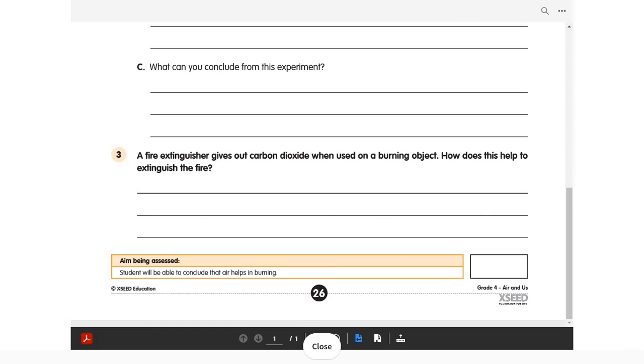We already know that oxygen is needed for burning. Carbon dioxide does not support burning, so when the fire extinguisher is used on a burning object, the carbon dioxide cuts off the supply of oxygen, thus extinguishing the fire.